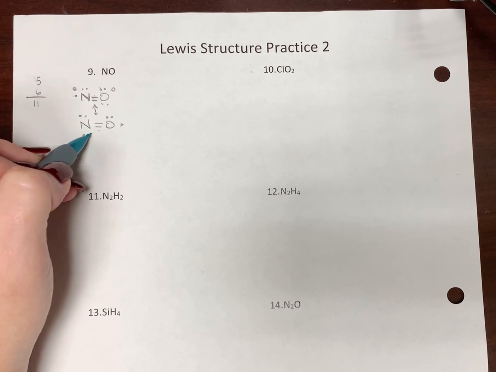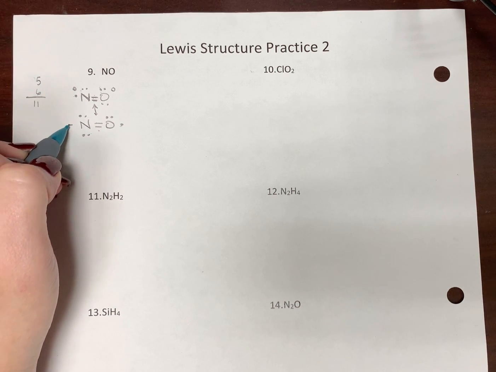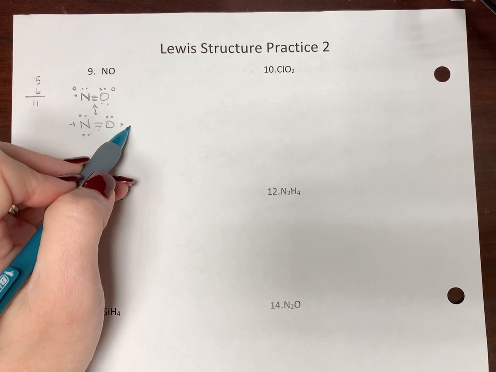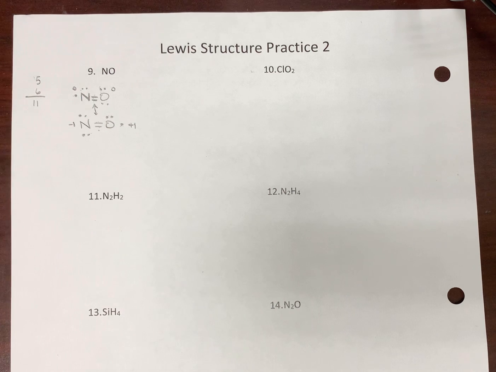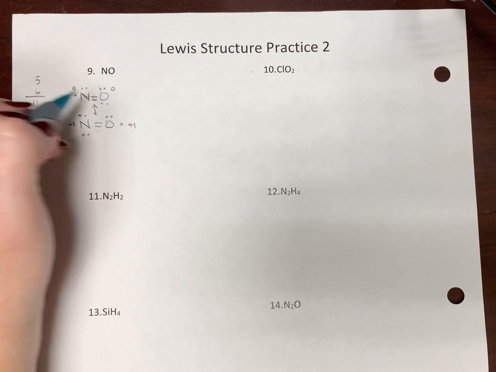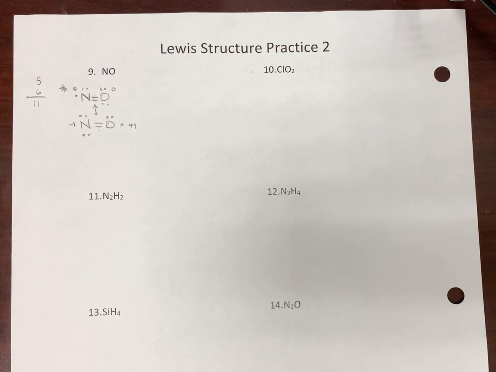Nitrogen, 1, 2, 3, 4, 5, 6, nitrogen is -1. Oxygen, 1, 2, 3, 4, 5, oxygen is +1. Remember with split charges, the negative should be on the most electronegative atom. Nitrogen is not more electronegative than oxygen, so this is an even less stable formation. So we'll put the star by this one because it's the most stable.